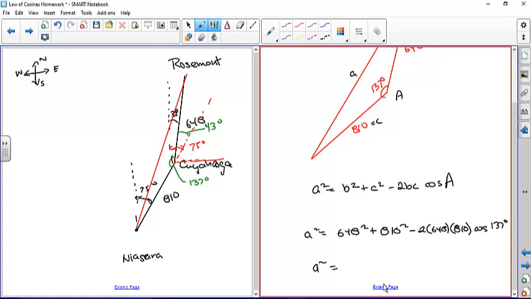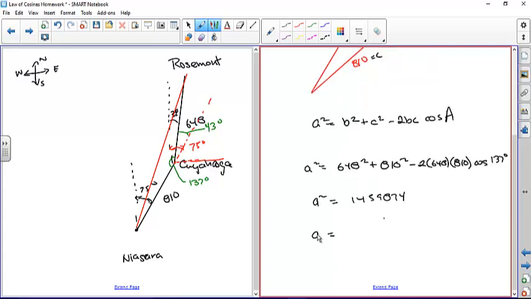So plug those in. 648 squared plus 810 squared minus 2 times 648 times 810 times the cosine, make sure I'm in the right mode here, yep, cosine of 137. So you get 1459874, and if you take the square root of that, you get 1208 miles.